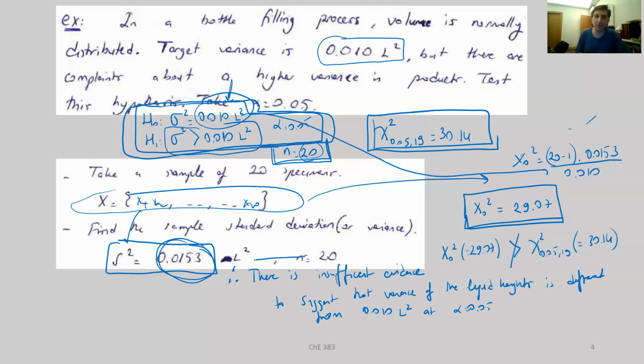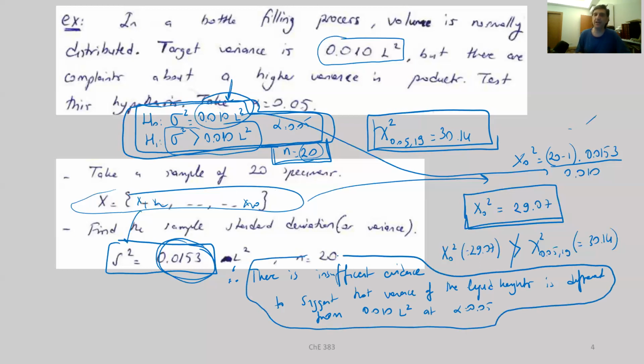Now, this way of storytelling may seem boring to you, but actually it shouldn't be. It is how statisticians write their conclusions, and the wording is pretty important here. Remember the jury case, the difference between not guilty and innocent. You should be careful that I'm not verifying the null hypothesis.